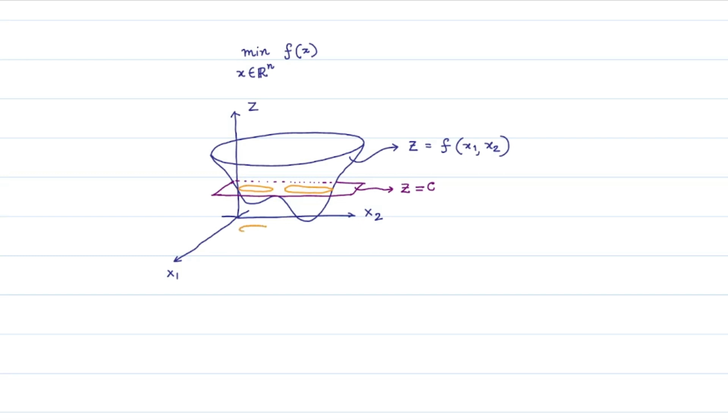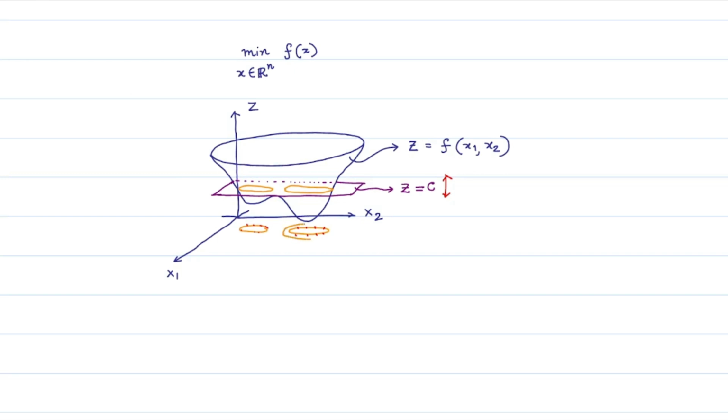You will get the level curves of the function z equals f(x1, x2) for the level z equals c. So the points on this curve and on this curve are the points on which the function value is equal to c. Now you keep moving this plane z equals c up and down, and accordingly take the intersecting curves of z equals c with z equals f(x1, x2), and keep on taking the projection of those intersecting curves.